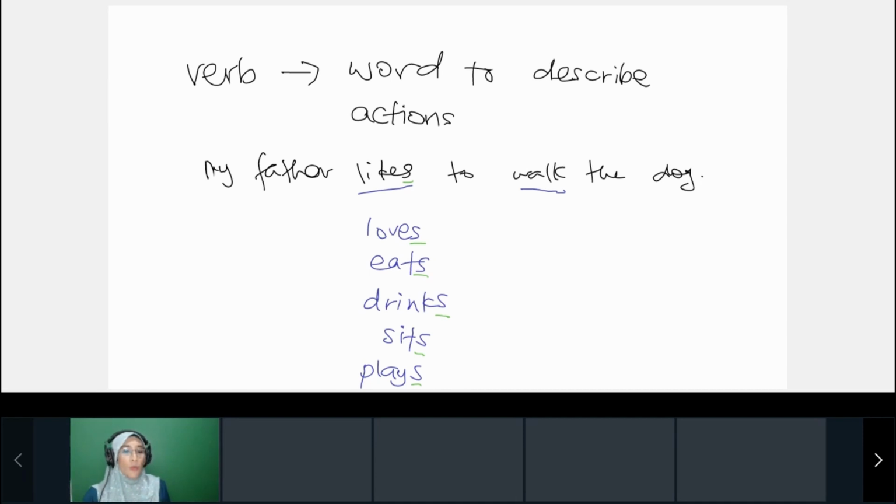Because this is where subject-verb agreement comes in. I'll tell you briefly right now, and I will tell you later on in depth. Because of the word father here, father is one person, so he can be categorized as singular.